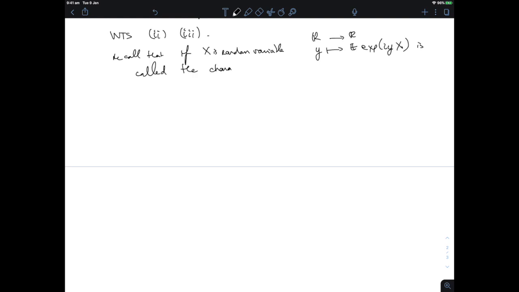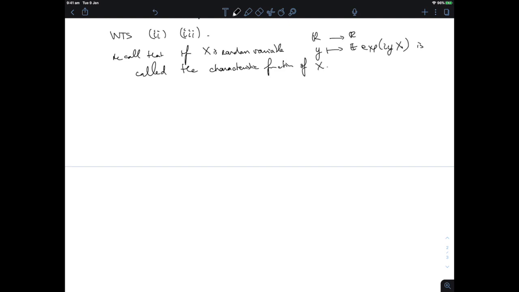And you can do that for a real-valued random variable, or for a vector of random variables. It's called the characteristic function of x, right?